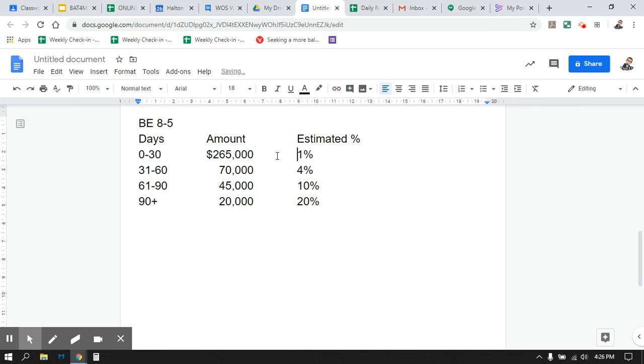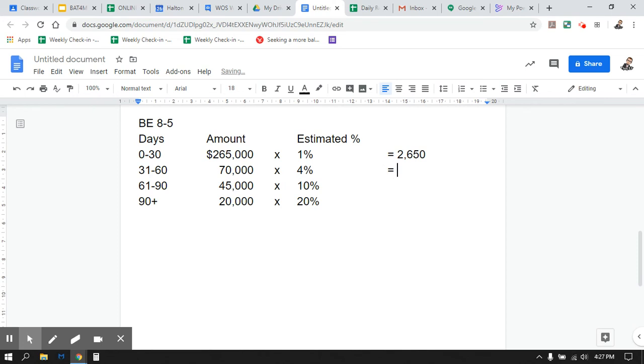I take the amount and I multiply it by the estimated percentage. Okay. So 265,000 times 1% gives me $2,650. That's my amount that I expect not to collect. Okay.